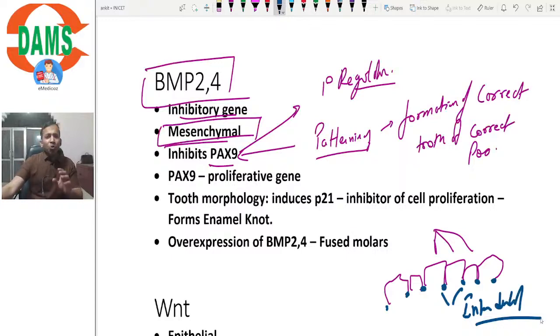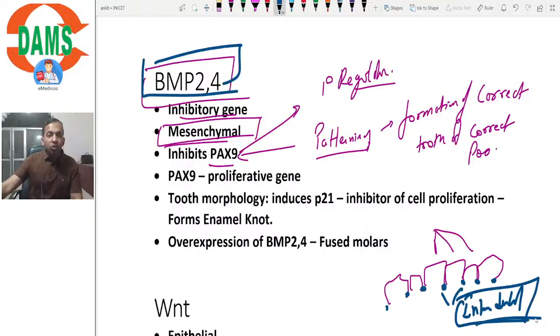Now, do you want teeth in the interdental region, or do you want properly spaced and properly formed teeth, just 32 permanent teeth and just 20 primary teeth, isn't it? You want proper number of teeth properly placed, isn't it? So you don't want PAX9 expressing in this interdental region. So BMP2 and 4 will be expressed where? In the interdental region, so that PAX9 is regulated there, right? And PAX9 is expressed only in the dentate area.